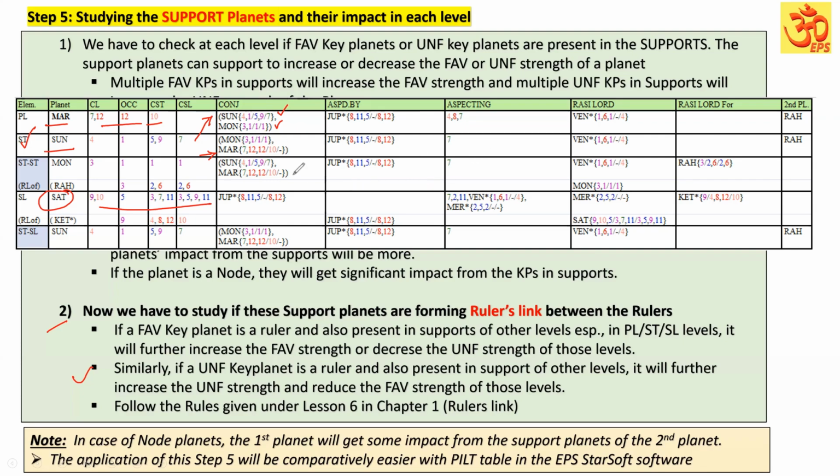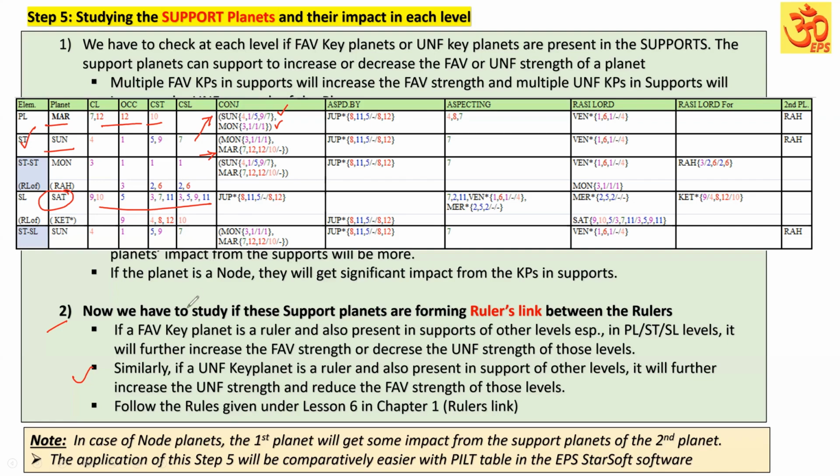Even at the 12 level, it is not there. So Saturn is a good key planet in the sublord, but it is not forming a ruler link to the other levels. If it was forming, then the influence of this Saturn in supports would be more. I hope you have understood.